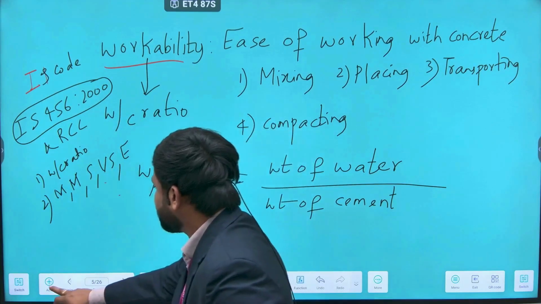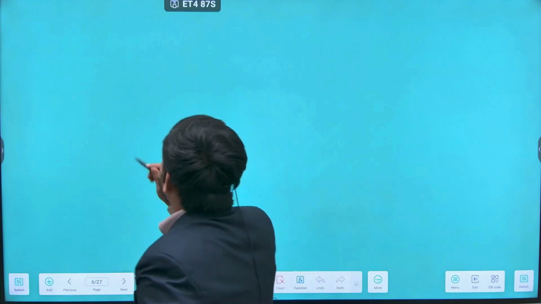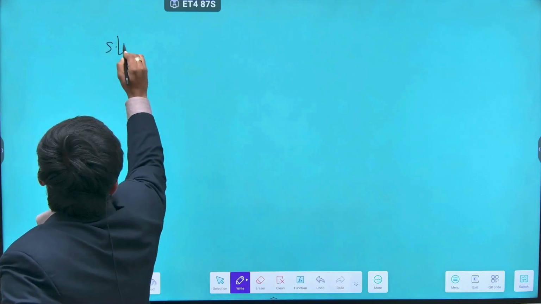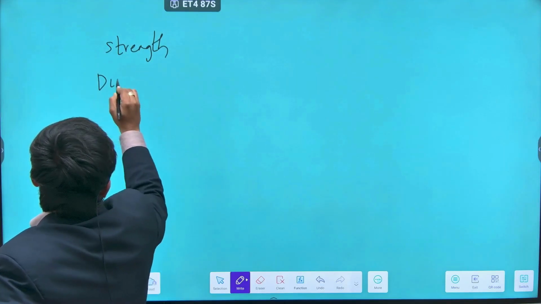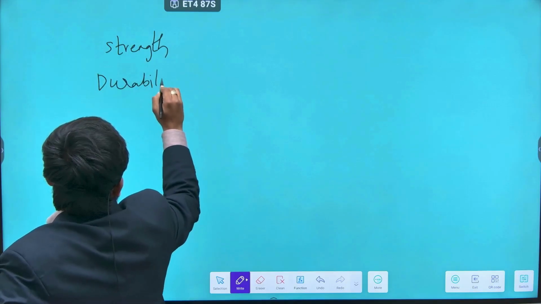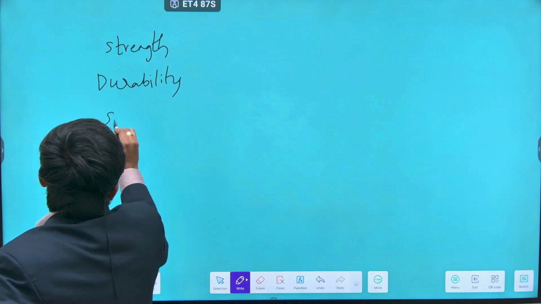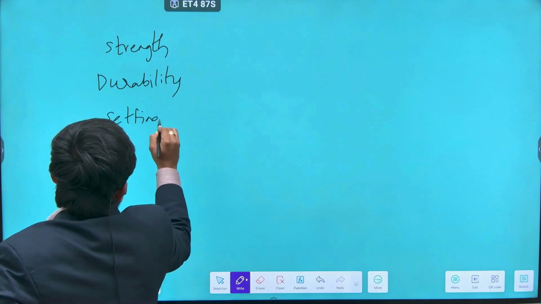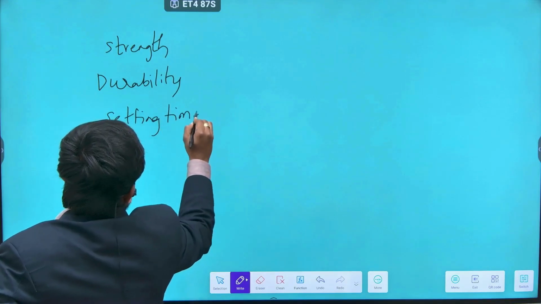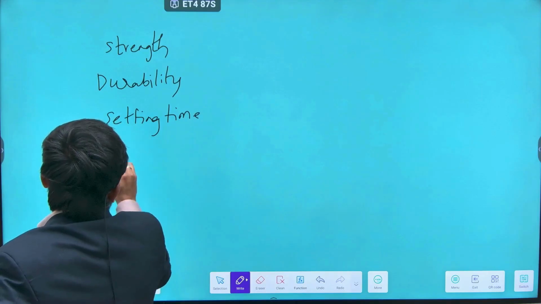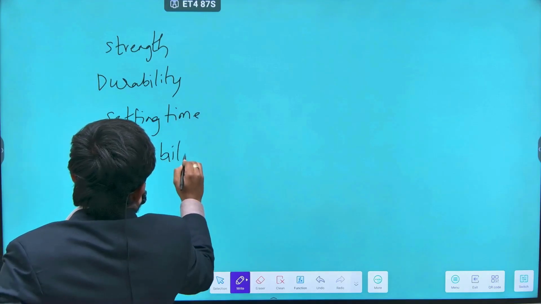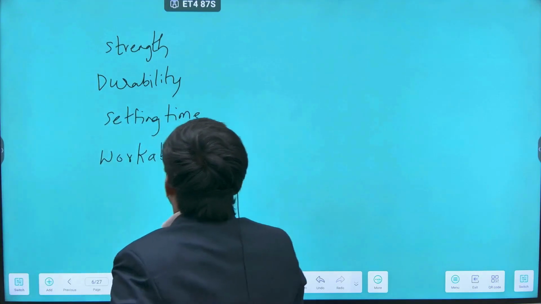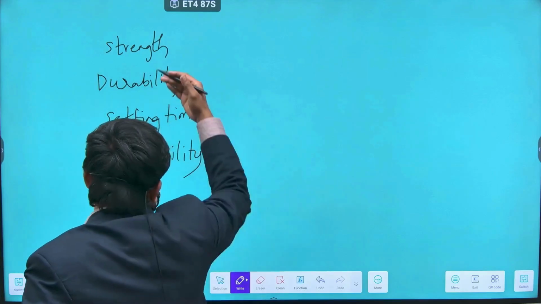Okay, so now I can explain the different properties: strength, durability, setting time, workability. Now I can use these terms clearly.